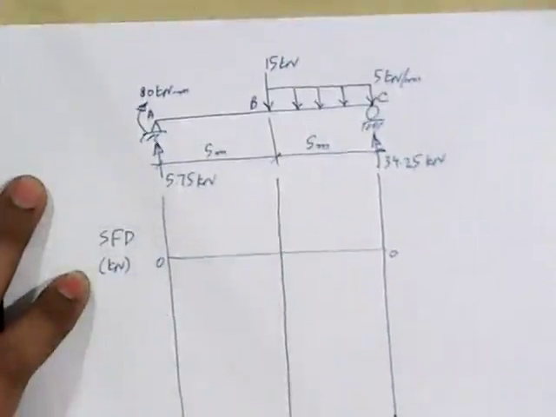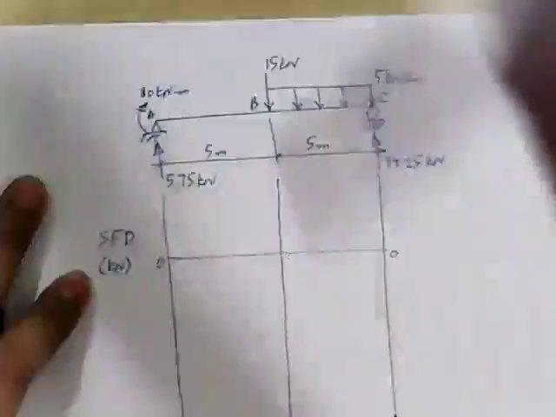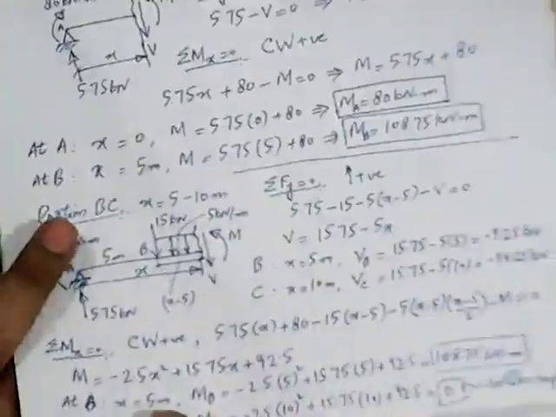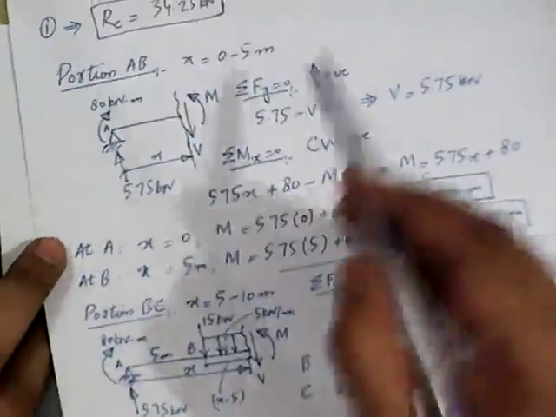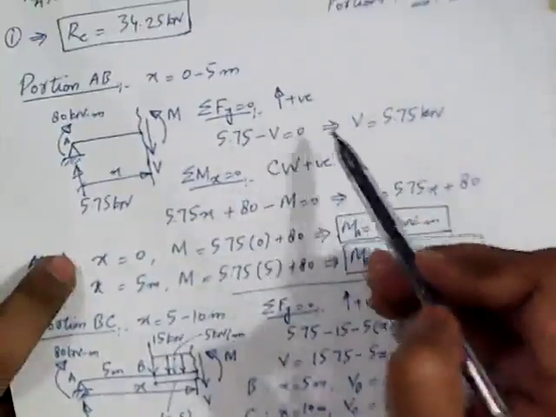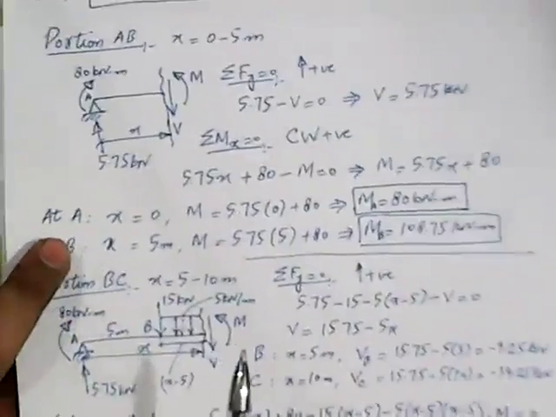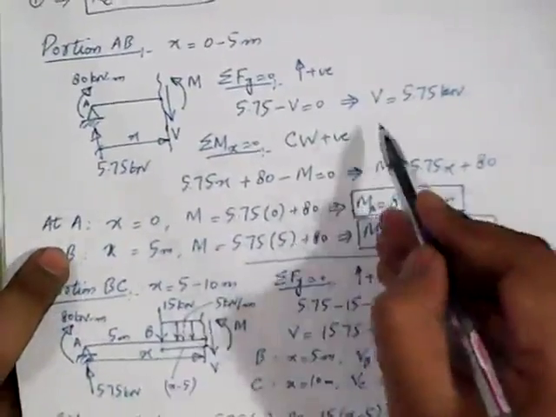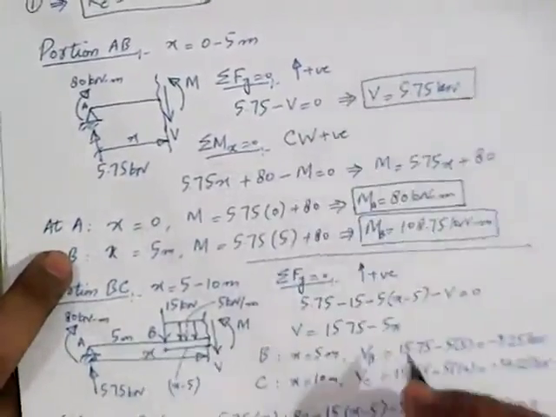Now, if we look at the values of shear forces that we have already calculated, for portion AB, the value of shear force is constant. The value of shear force is 5.75 kilonewton for portion AB.